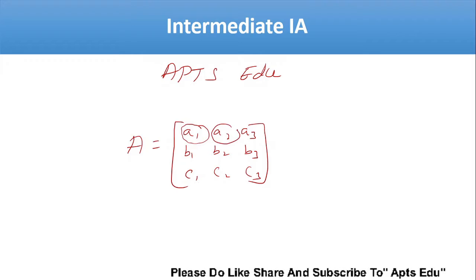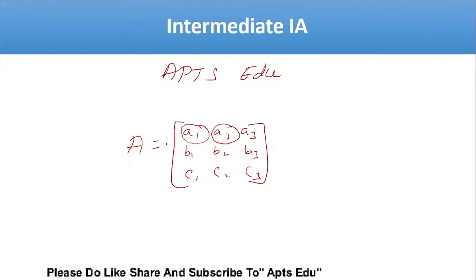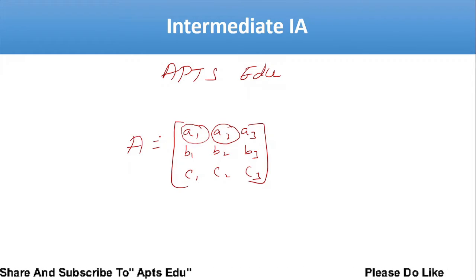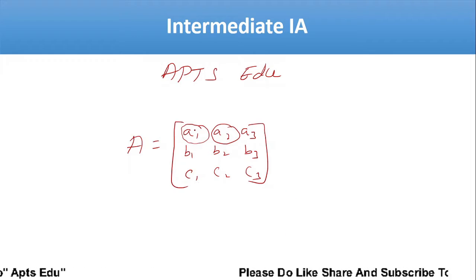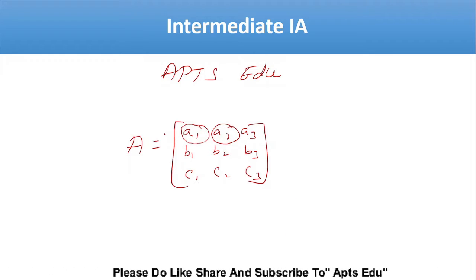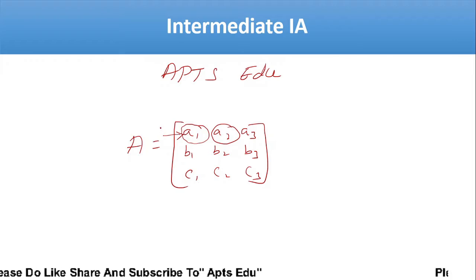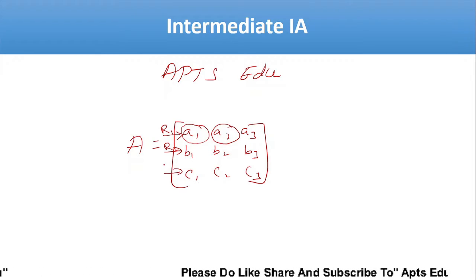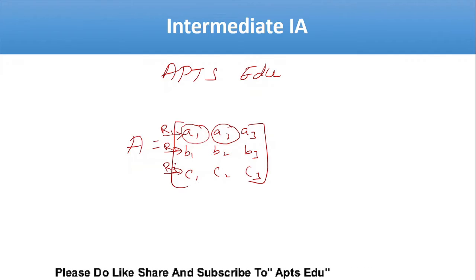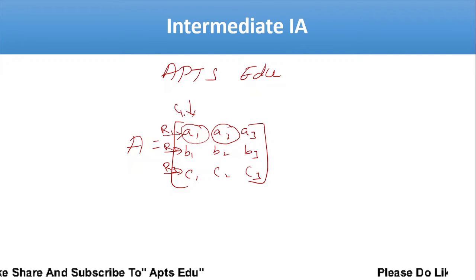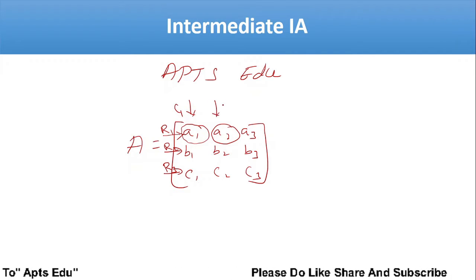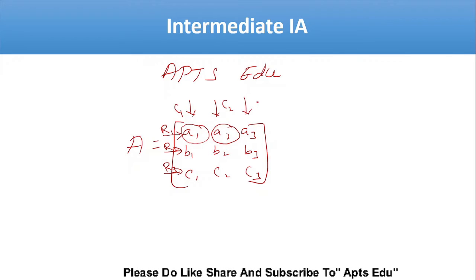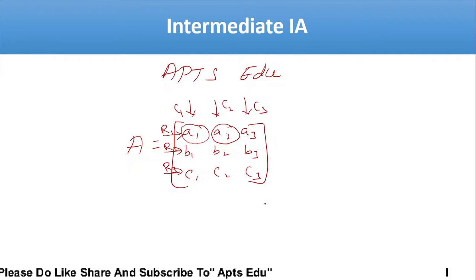These we call elements in a matrix, and we represent it by how many rows we have: 1, 2, and 3 rows, and 3 columns.